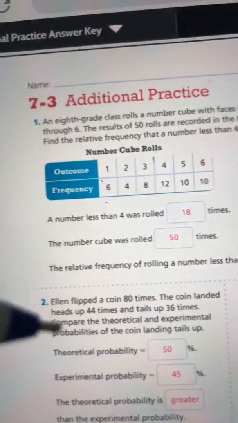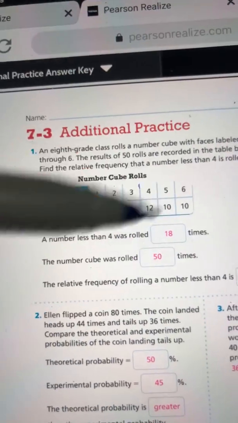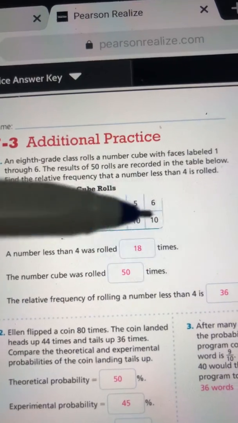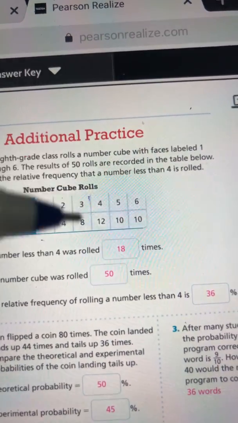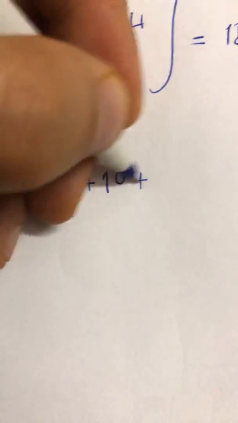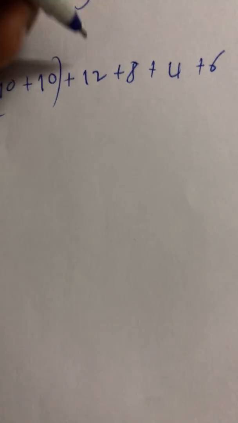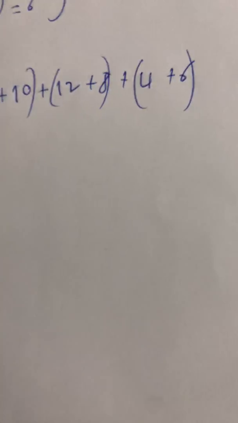Now, a number cube was rolled how many times? That means all frequency, the total of frequency. The total of frequency is the sum 10 plus 10 plus 12 plus 8 plus 4 plus 6. So, I make sure about all these results. I will add now this quickly. 10 plus 10 and 12 plus 8 and 4 plus 6.